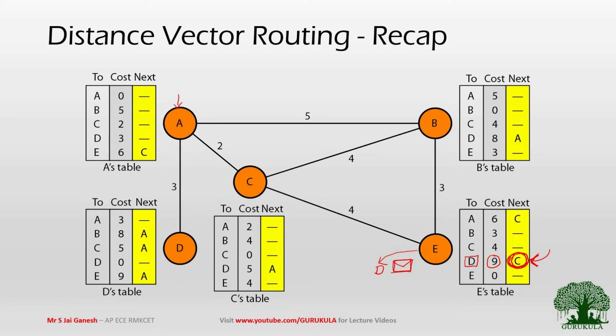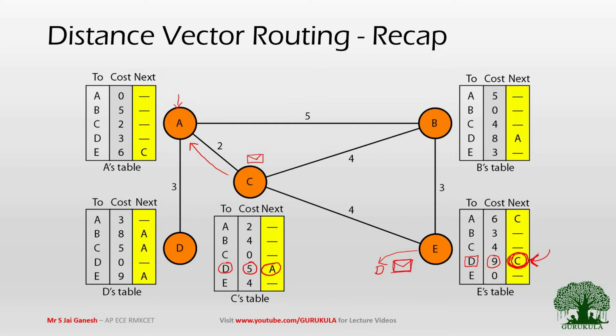This has to be kept in mind. Once the packet has reached C, looking into the routing table of C, we can see that C can reach D with a cost of 5 when it goes via A. So C just knows that the packet has to be sent to A, and A will take the responsibility of delivering the packet to D.